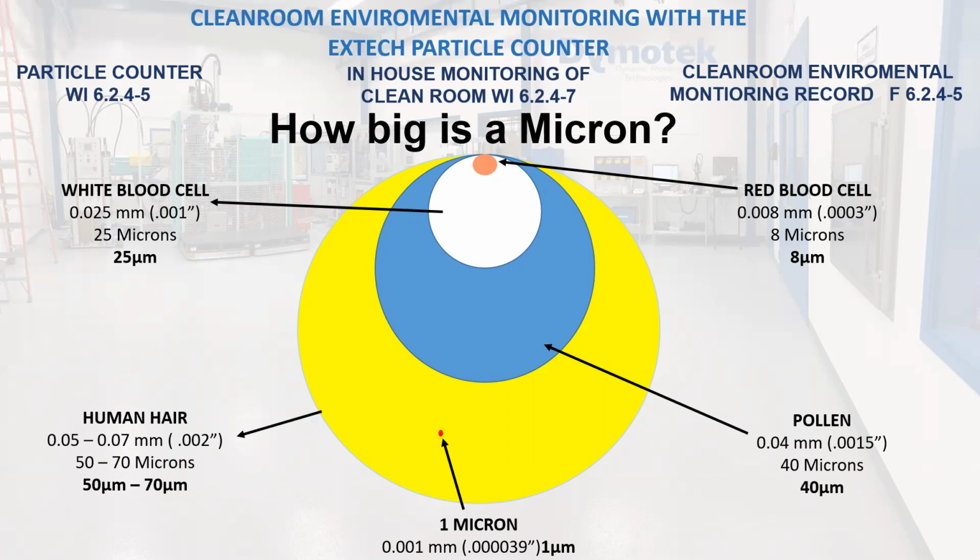The white, the average size of a white blood cell, and the red dot within the white circle, the average size of a red blood cell. And down below, you'll see a red dot within the yellow circle. That is the approximate size of 1 micron.